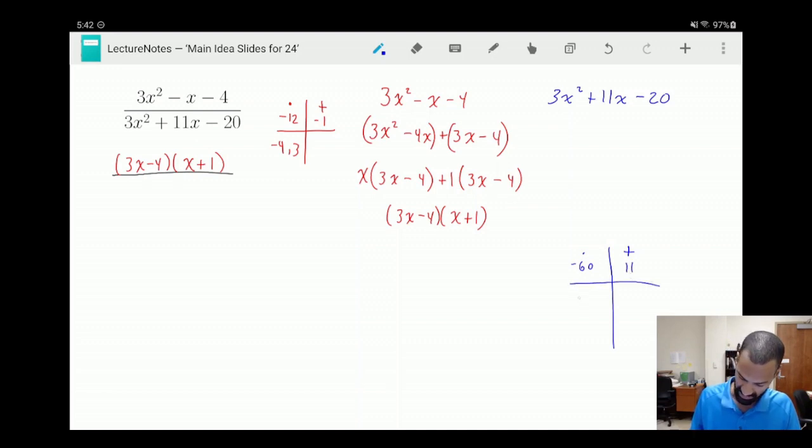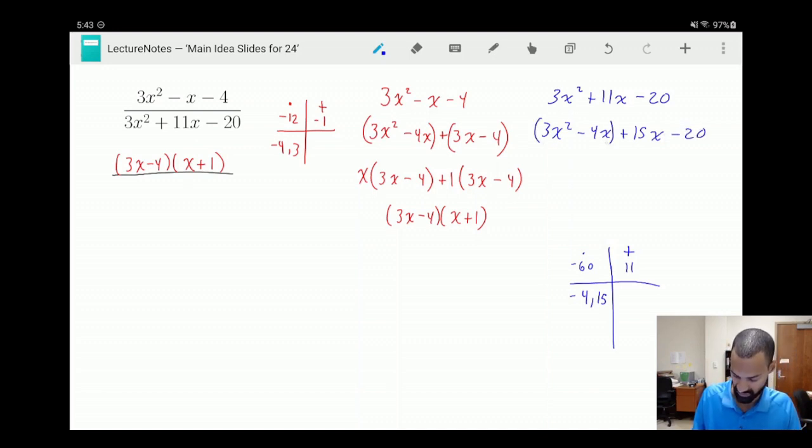So that's going to be what? Negative 15, no, negative 4 and 15. Negative 4 times 15 is negative 60. They add together to be 11. So I'm going to use that to split 3x squared minus 4x plus 15x minus 20.